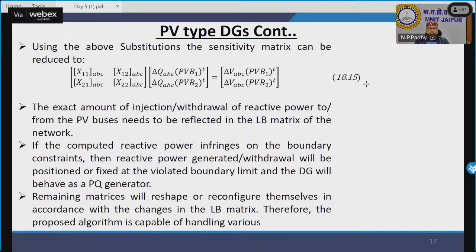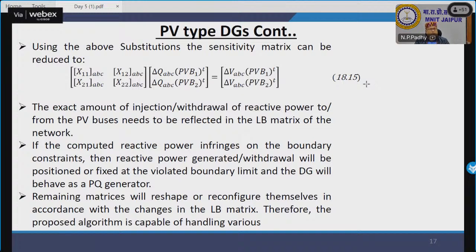Now, using the above substitution, the sensitivity matrix can be reduced to 18.15, which simply says X times delta Q will be equal to my delta V. So the exact amount of injection or withdrawal of reactive power to or from the PV buses needs to be reflected in the LB matrix of the network.